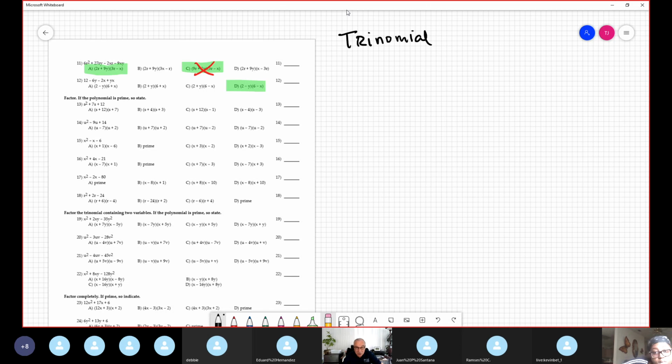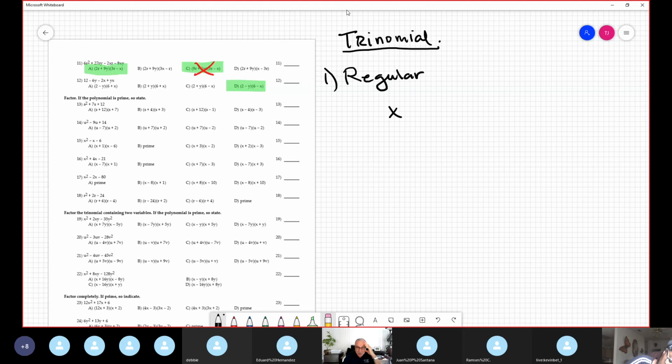But we have different kinds of trinomial. It is important that you identify what kind of trinomial. We have, for example, the regular trinomial, that is very straightforward. My goal is to identify the trinomial. So the first kind of trinomial that we face is the regular.